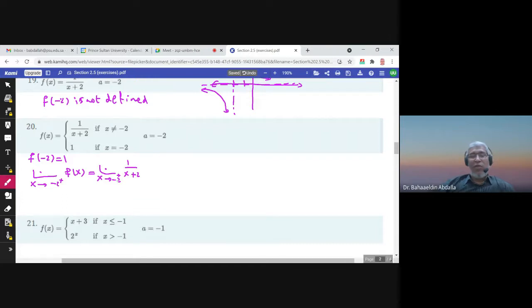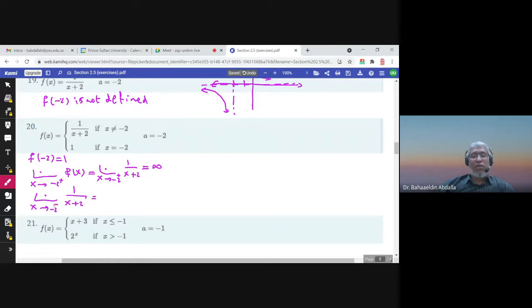If you approach -2 from the right, you will replace x by -1.9, for example, so it will go to infinity. While the limit of f of x when x approaches -2 from the left is 1 over x plus 2.